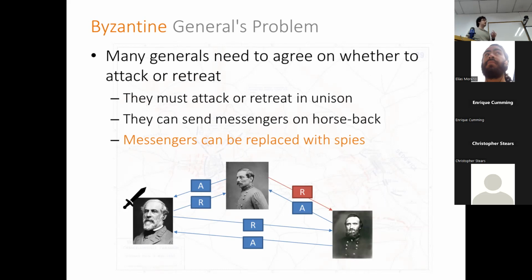That general wanted to attack and has received another attack message as well as a retreat message. 2 attacks, 1 retreat, right? So that general will attack. And what will the rightmost general do? Retreat. That general wanted to attack, but received 2 retreat messages that override the 1 attack. So this general will decide to retreat and disaster will ensue, right?